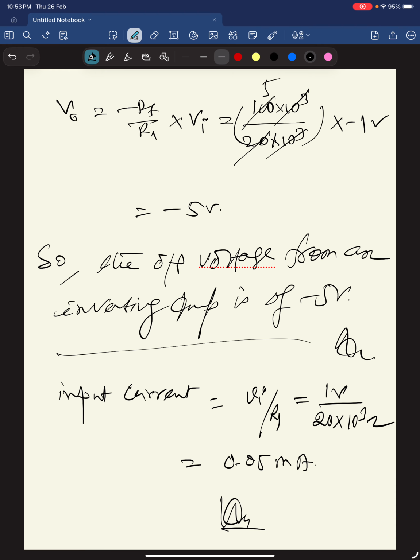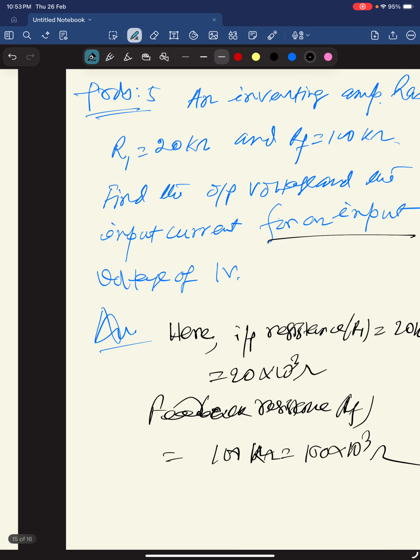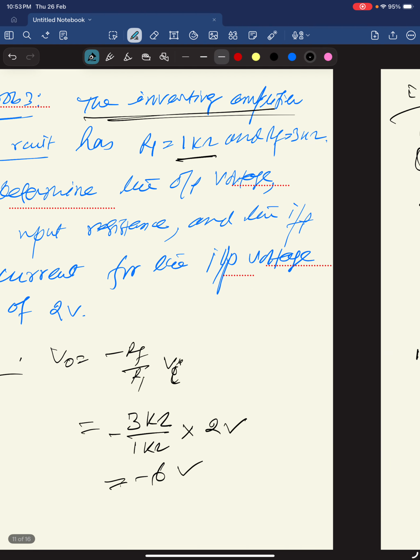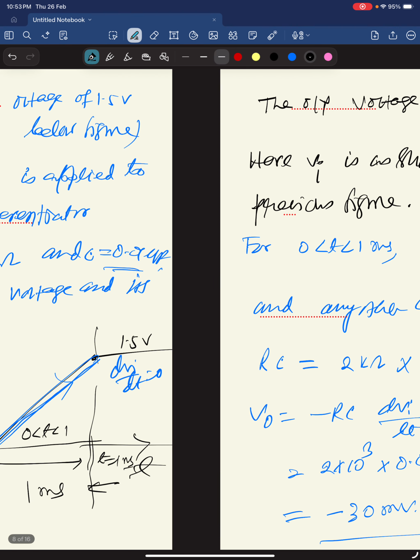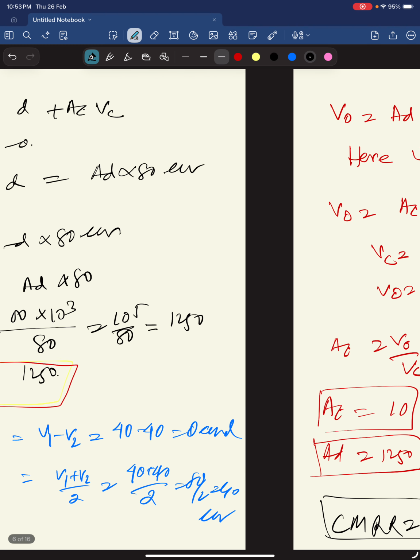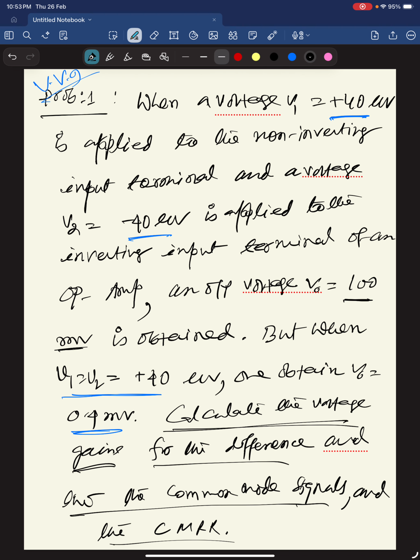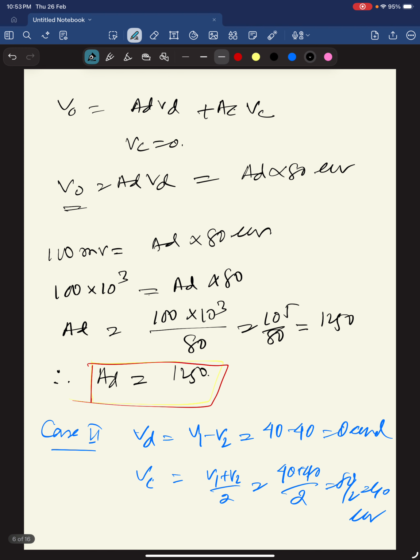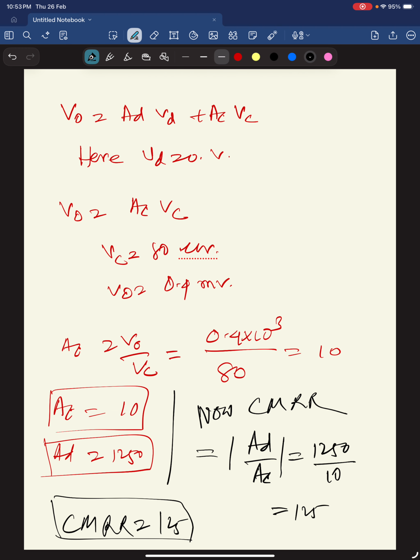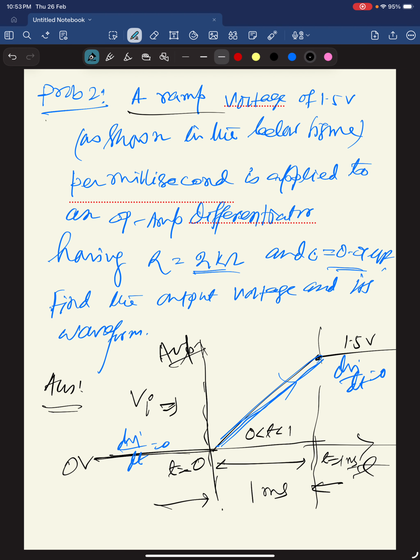So these are very important numericals. How many did we solve? Problem 1, so important. And problem 2.